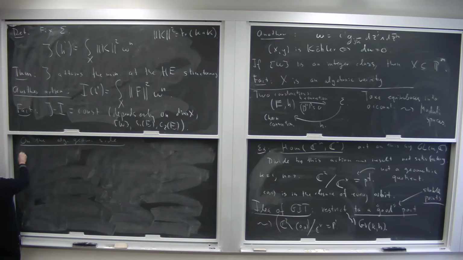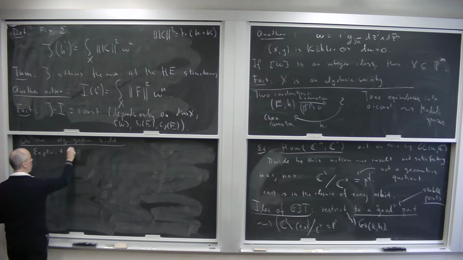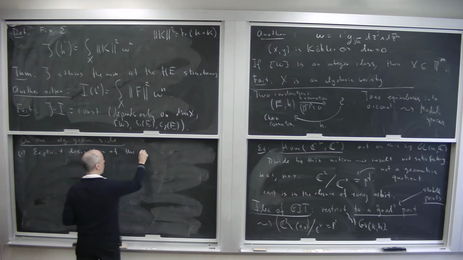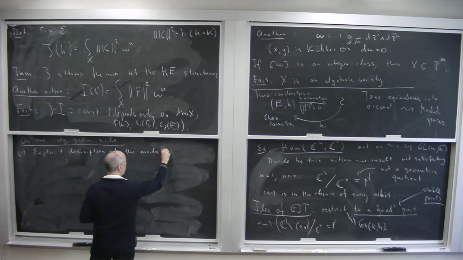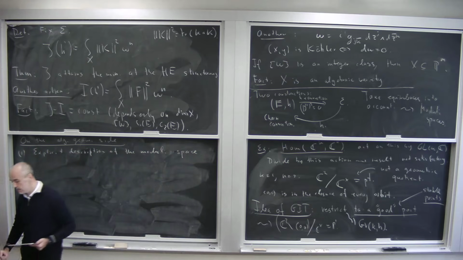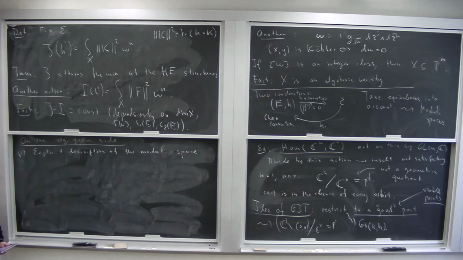So on the algebraic geometric side, first we have an explicit description of the moduli space. And when I say moduli space, I don't mean a space literally, I mean a stack. Because here, of course, there will be non-trivial stabilizers, even if we have stable objects, because you can always rescale the thing that you have.